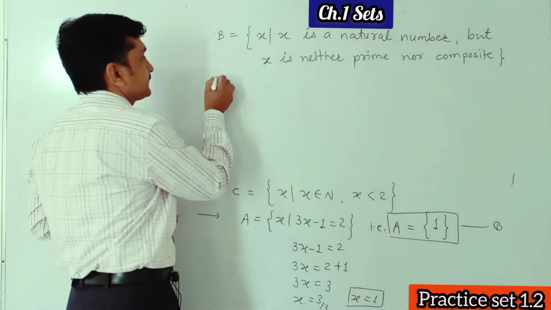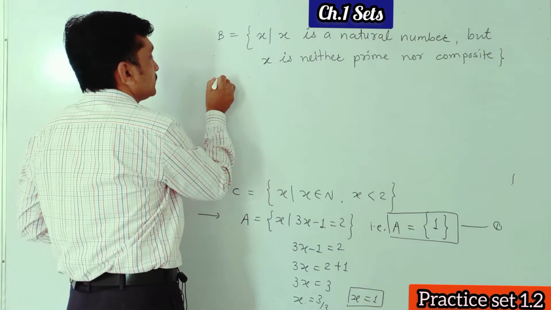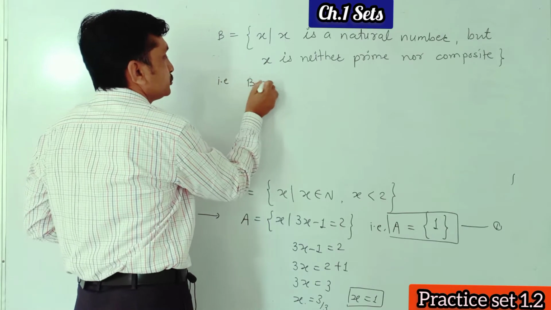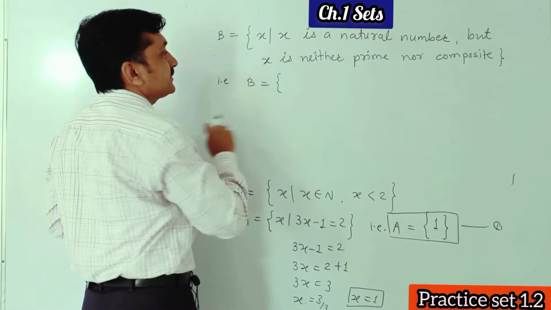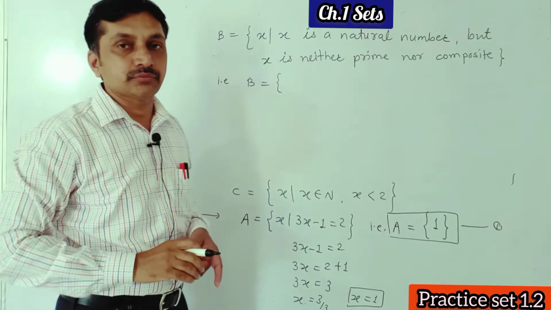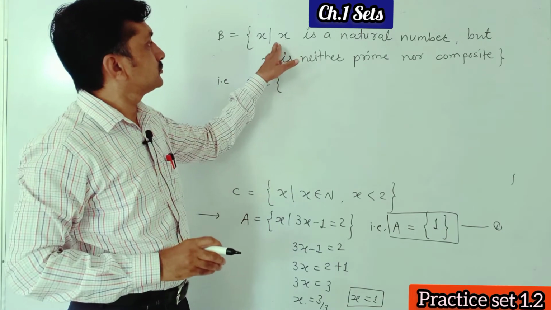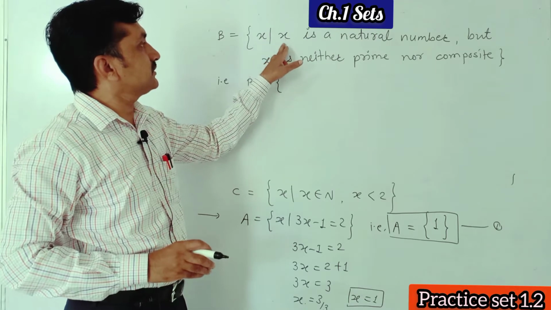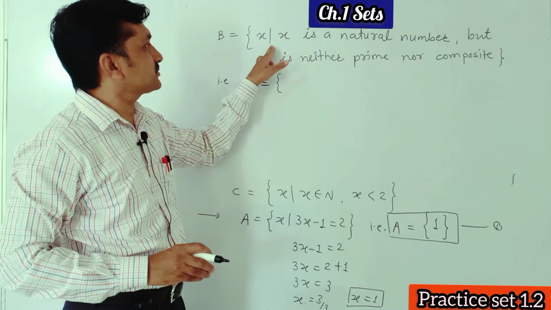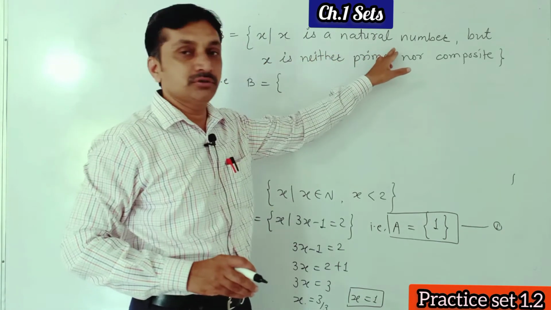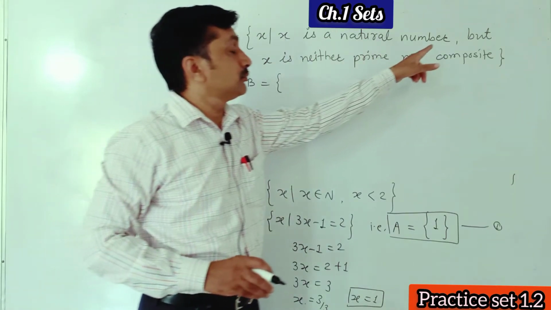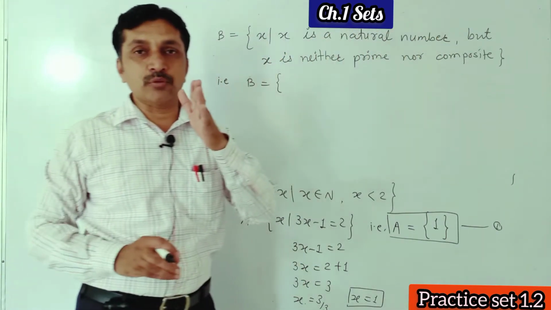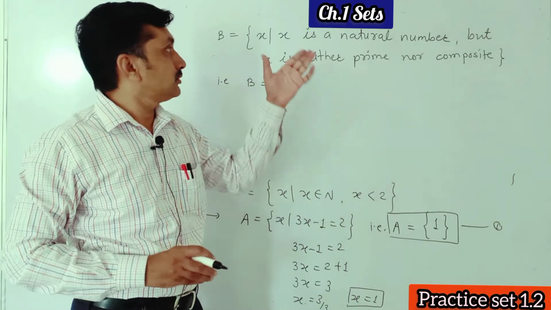Let's find B. B is in the rule method: B is the set of all x such that x is a natural number. Natural numbers start from 1, 2, 3, 4, infinite.